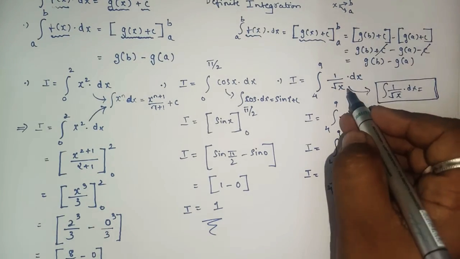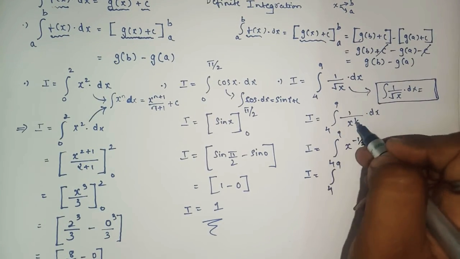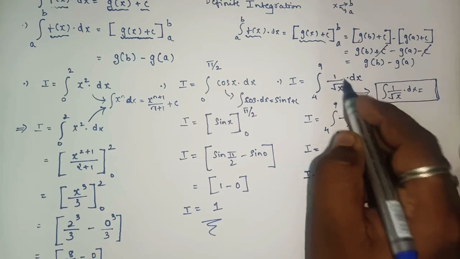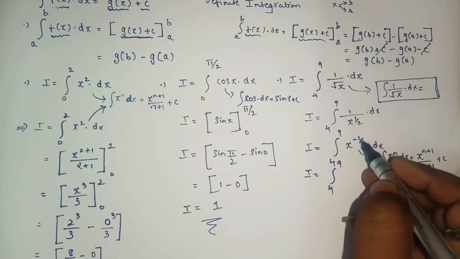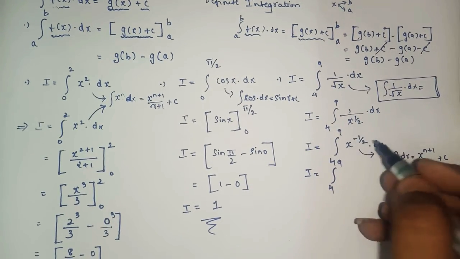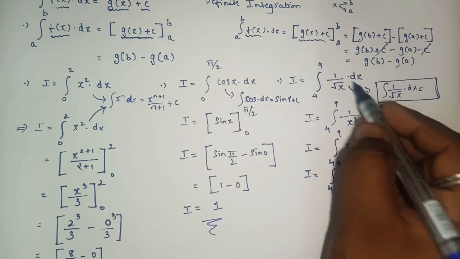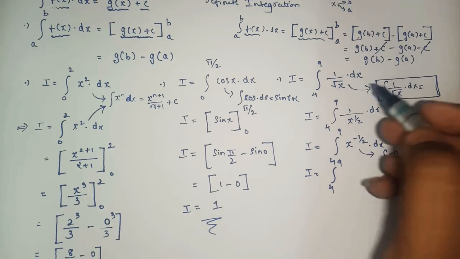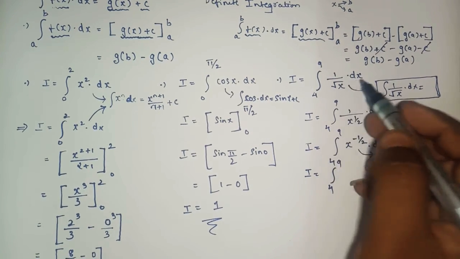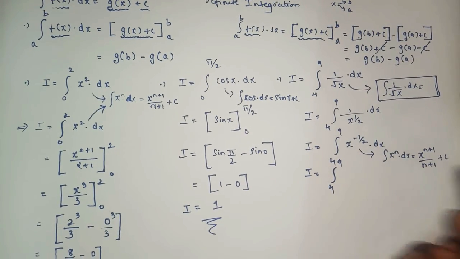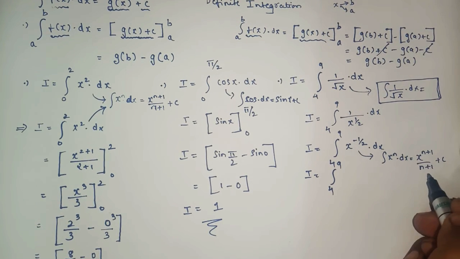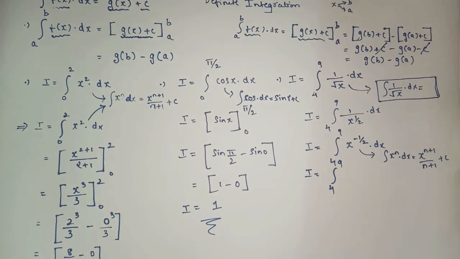But in the initial step we did a little adjustment to convert this unknown integral into a known integral. As we don't have a ready-made integration formula for 1 upon root x, I converted this whole thing into a known integral formula, that is x raised to n, which is x raised to n plus 1 upon n plus 1 plus c.